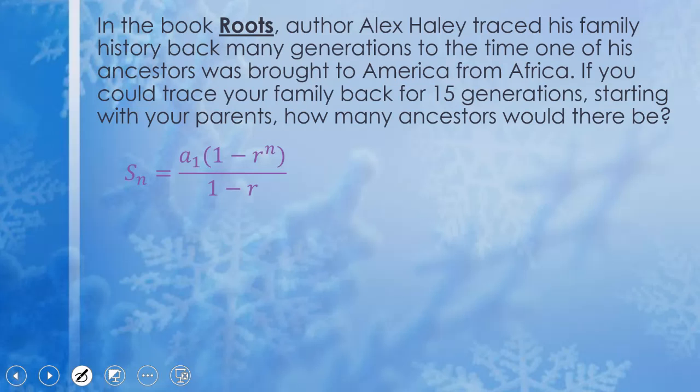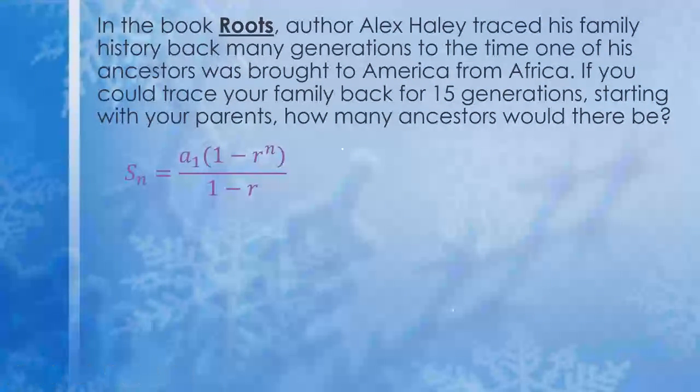Okay, this is kind of interesting here. So let's think about this. You are a generation, right? And there's one of you. And you're going to trace your family back 15 generations. How many people would we be talking about? Well, it says starting with your parents.